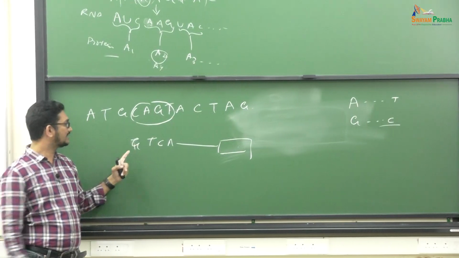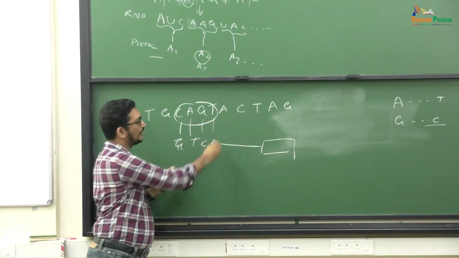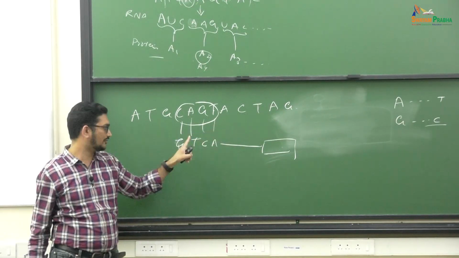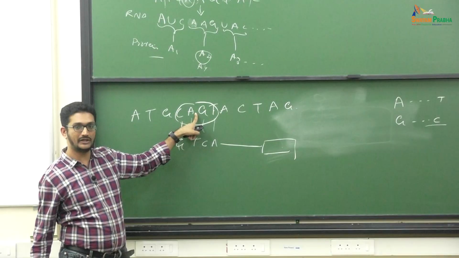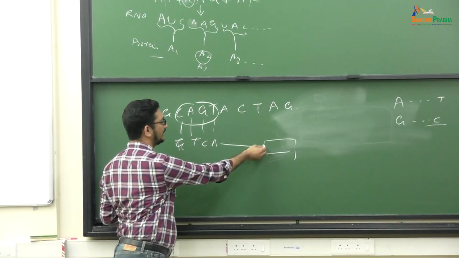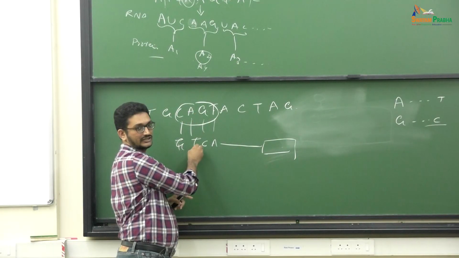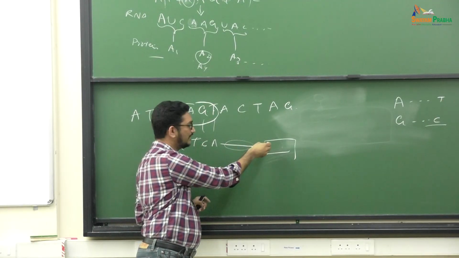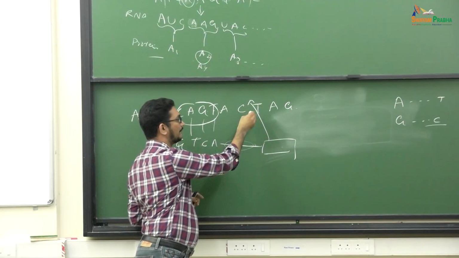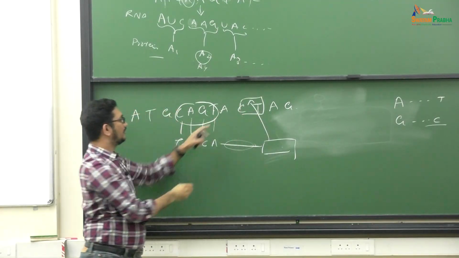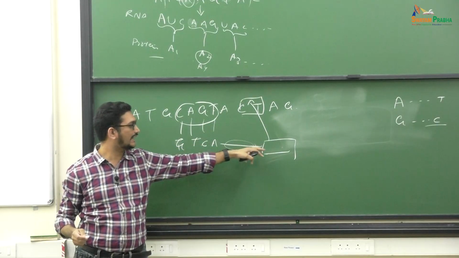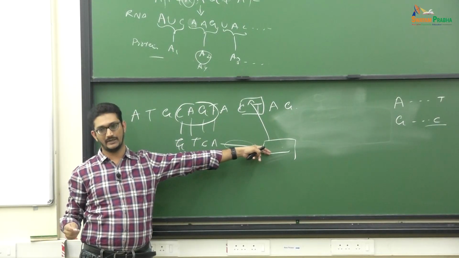A can only bind to T, G can only bind to C, because of the number of hydrogen bonds. Once this specificity is established, then you can define the length so that the enzyme can actually break. Suppose you want to break it here, then you have to design your guide molecule somewhere farther, based on the length of this and how far your enzyme can bind.